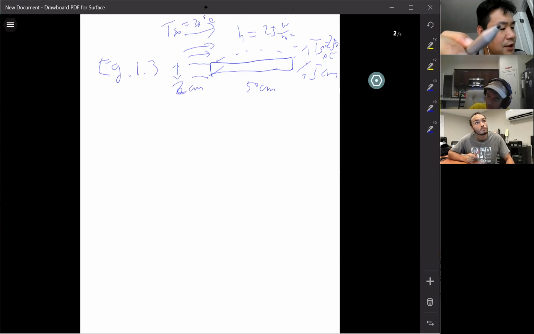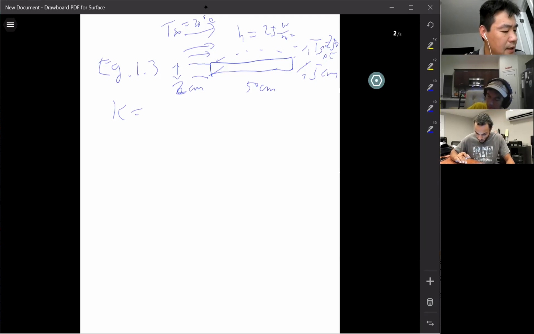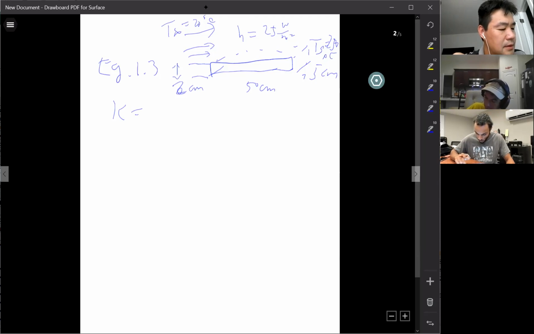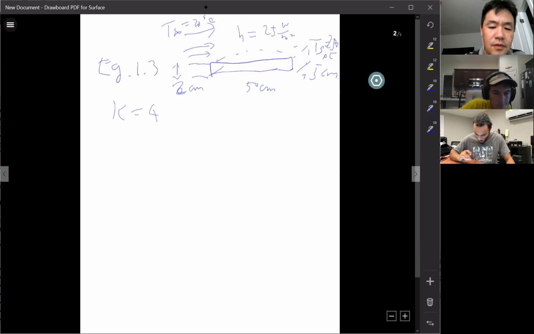The material is 1% carbon steel, and you have a k, which should be given. The k of the carbon steel is 43 watts per meter K.